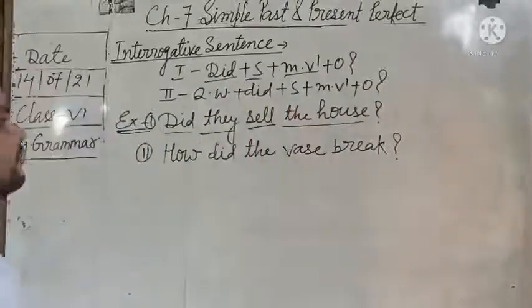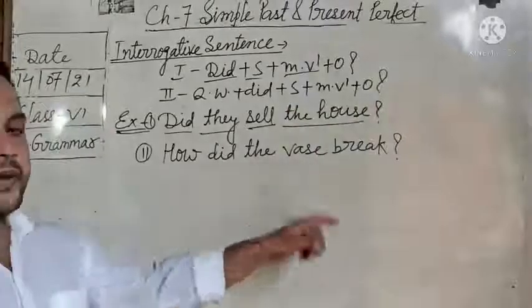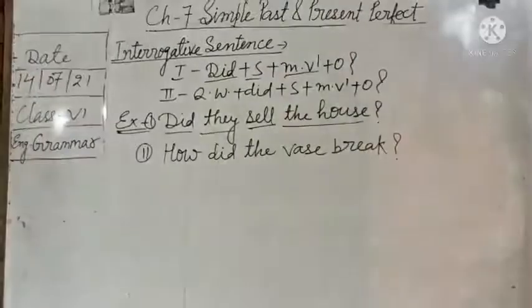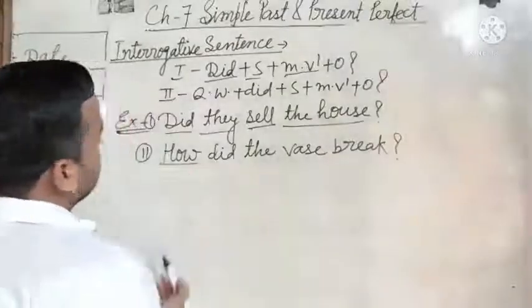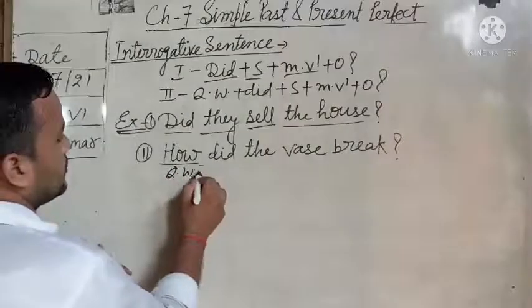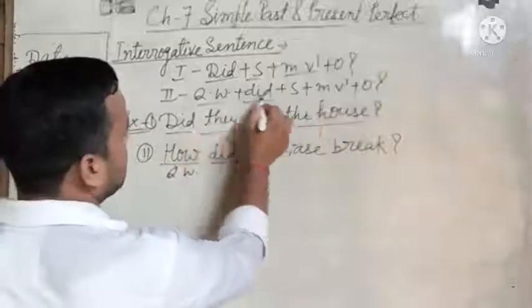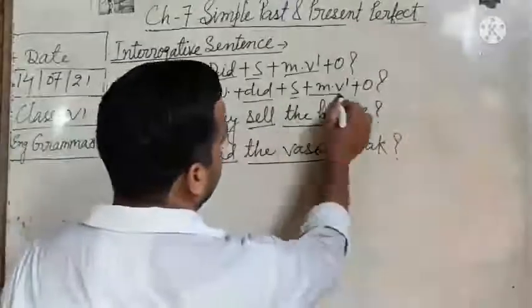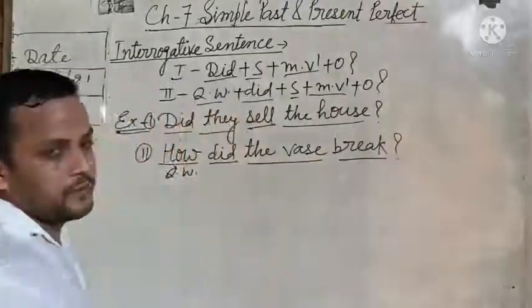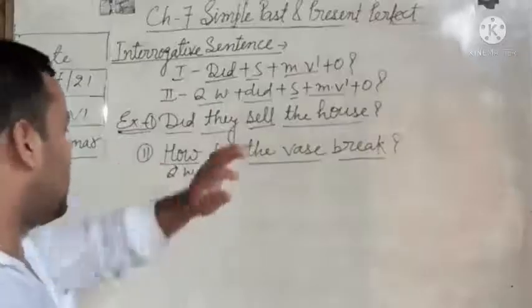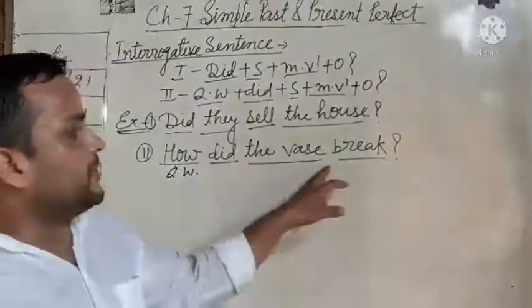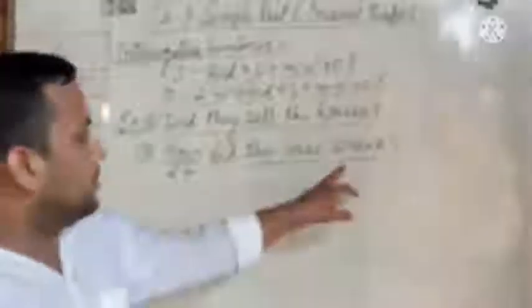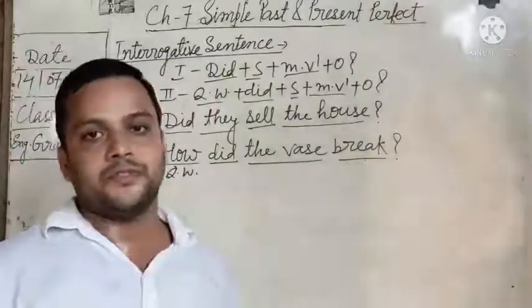How did the vase break? Here, student, how is the question word. How, did helping verb, subject the vase, and main verb first form break. So when there is any question word, you will write that question word first, then did, then subject, then main verb first form, and then object.